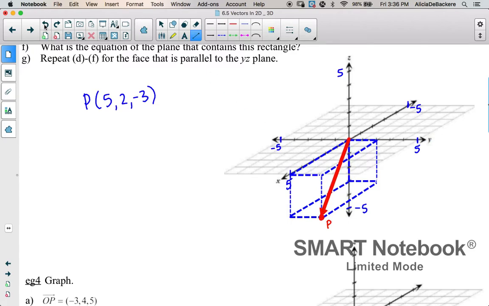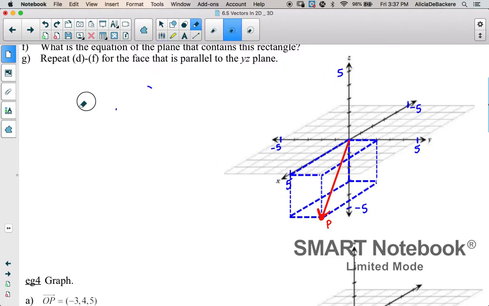Oh, that's too big. When I draw in my vector, I'm starting at the origin for the tail and then ending with the head at the point P. All right, I had just written that as a reference here. So now we have point P down here, and this red line here is actually vector OP.